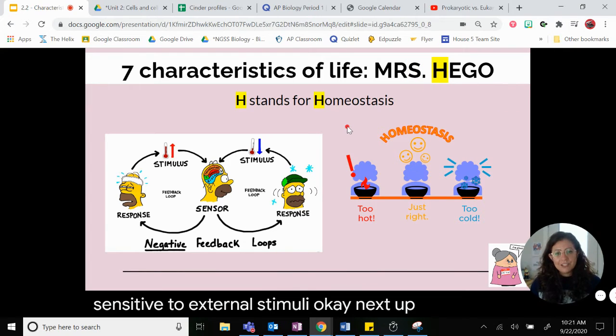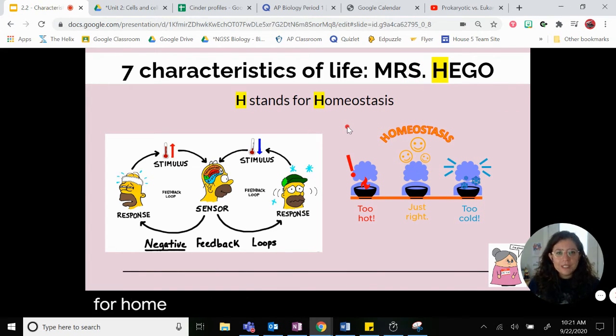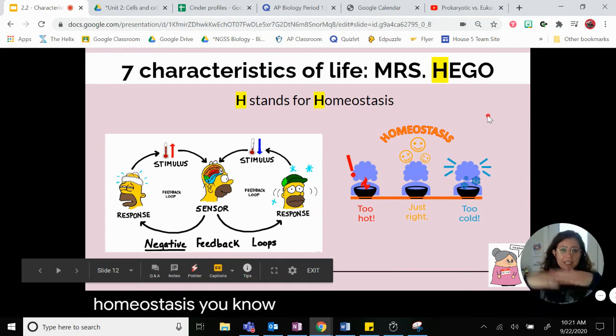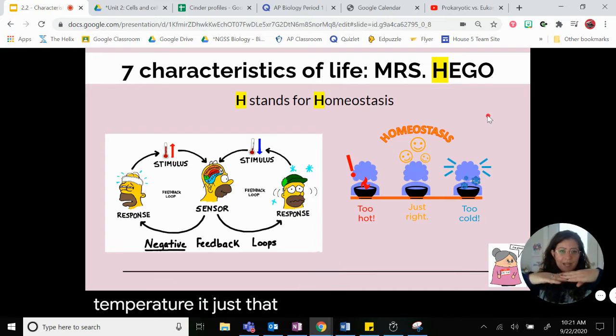Okay, next up, H. H stands for homeostasis. Homeostasis just means maintaining a steady state. An example of homeostasis could be our bodies keeping our body temperature at just the right level.